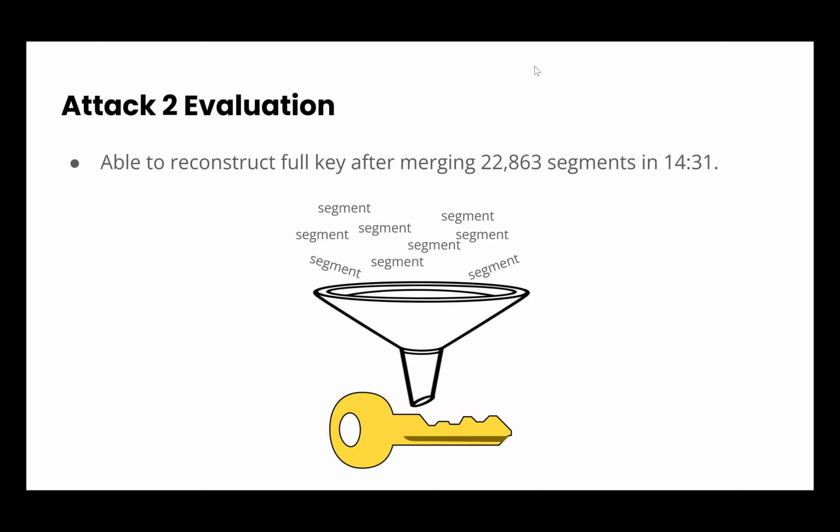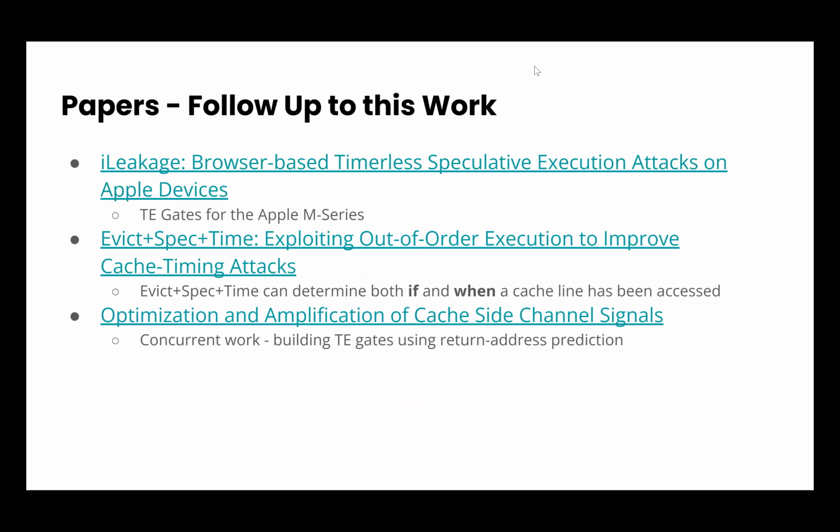And then, to show that the attack actually works, they take a variety of existing segments, I think 22,000 of the 80-something thousand that they're left with after all the various filtering. I think more than that amount had 0, 1, or 2 differences from the ground truth. And then they merged them using their stitching algorithm to fully recreate the key after basically 15 minutes.